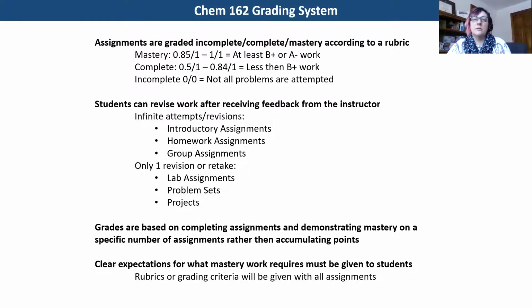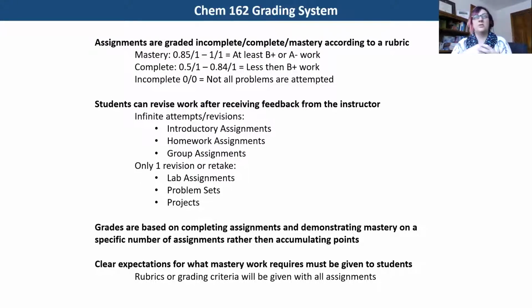It's saying either you understand this concept or are communicating your understanding of it effectively enough that I am confident that you get it. There might be small errors, and that's okay. But there aren't any large gaps in knowledge, and that would be mastery.